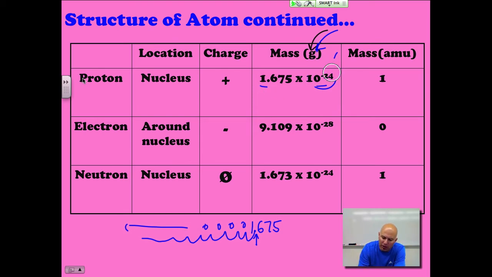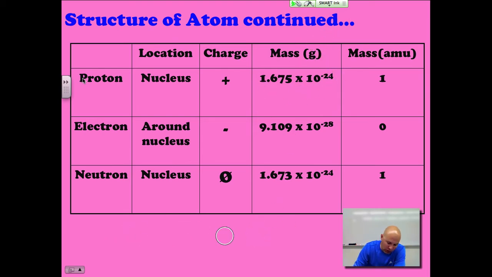I want you to notice that the proton and the neutron are pretty much exactly the same. When you talk about 1.675 versus 1.673, after having 23 zeros in front of it, it's considered the same mass. So scientists came up with a mass scale, rather than grams, which is such a ridiculously small number: the AMU.